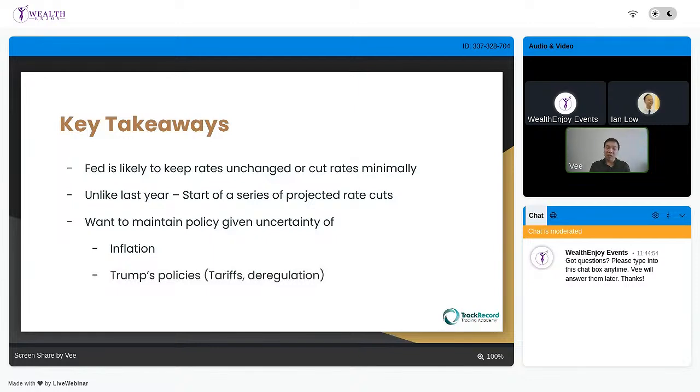Trump has many different kinds of policies, some at odds with each other, but generally what the Fed is worried about, which somehow they are not supposed to be worried about, political maneuvers and all, but they are factoring this into their thought process. Tariffs and deregulation. Tariffs will cause inflation if prices go up for all the consumers in the US, and deregulation is a good thing, but they're not sure of the impact on inflation. So they are very worried.